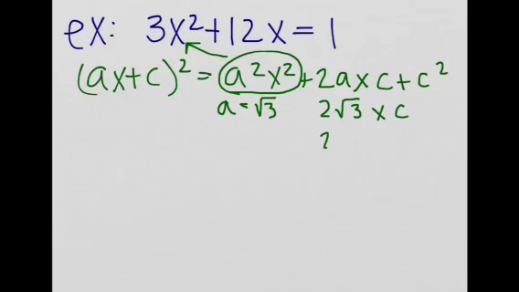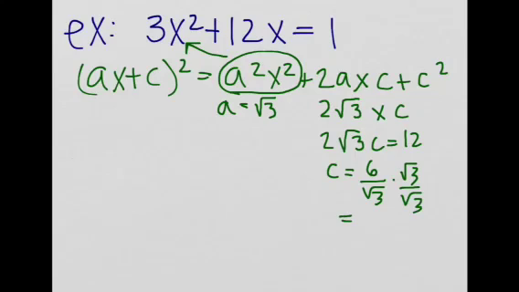We know that 2 times the square root of 3 times c has to equal 12. So we're going to divide both sides by 2 root 3. So we have c is equal to 6 divided by root 3. We multiply both top and bottom by root 3, and we get 6 root 3 over 3, which can be simplified to 2 root 3. Okay? So we know that c is now 2 root 3.